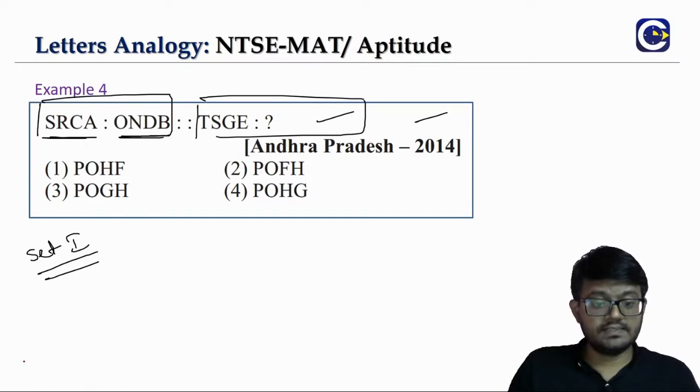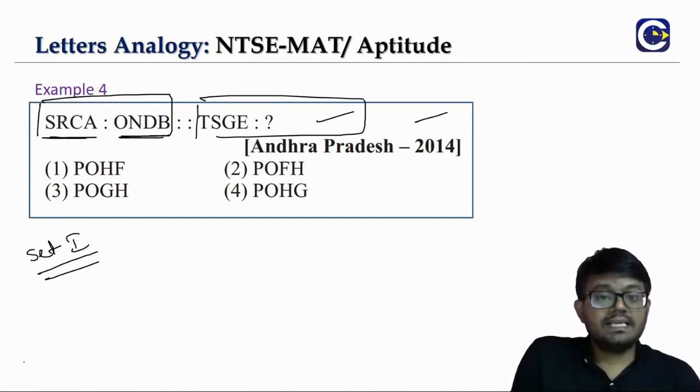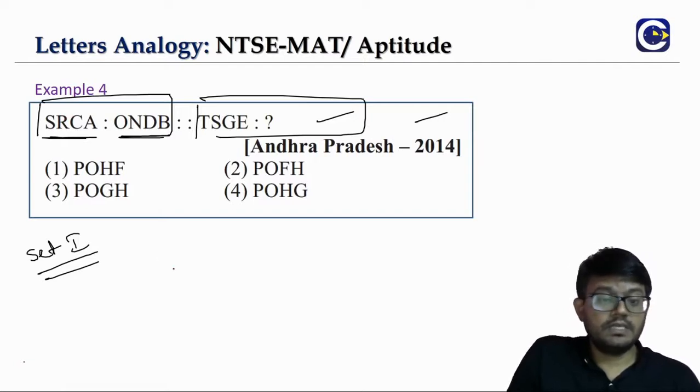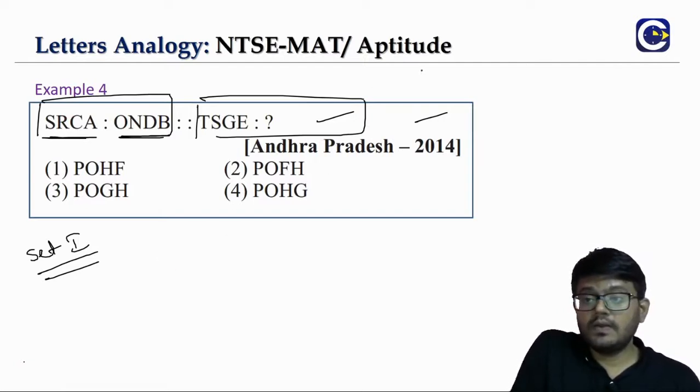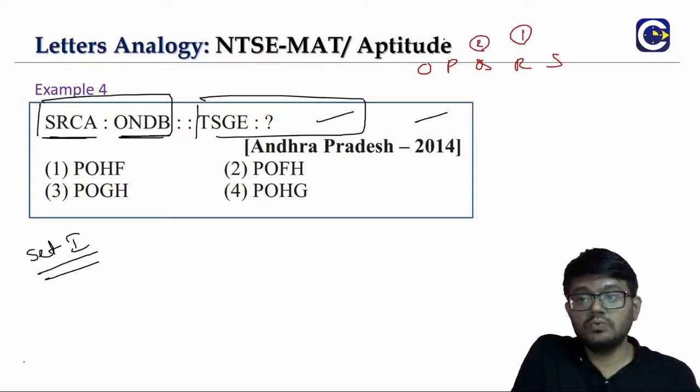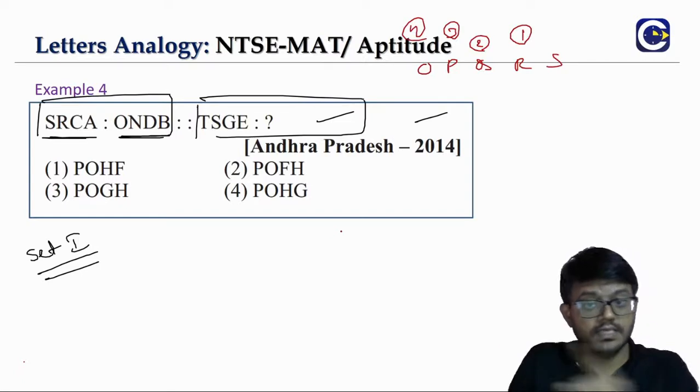Can we try this? So S and O. What is it? So we have to see where do we get the order. What is the order? Tell me. O, P, Q, R, S. Means what? From S we have to start backwards. 1, 2, 3, 4. So we have to count fourth one in the backward direction.